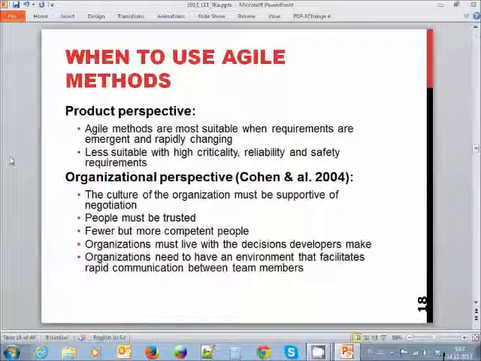From the organizational perspective, there are also requirements, because with agile development, working in small teams and having less than comprehensive documentation or design, allowing people some freedom to do design, it means that, of course, you have to trust your people.